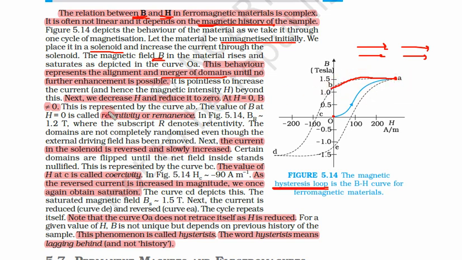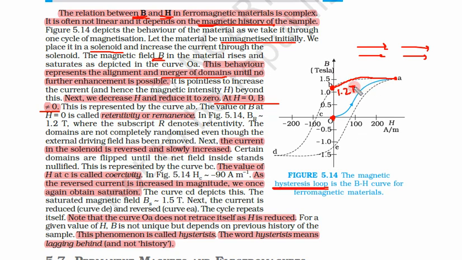At H equal to 0, B is not equal to 0. Here we can see that initially when the material was not magnetic, at H equal to 0 there was no magnetic field. But once it has been magnetized, even at H equal to 0 the material is still magnetic. The magnetic field is 1.2 Tesla. Why is it so?